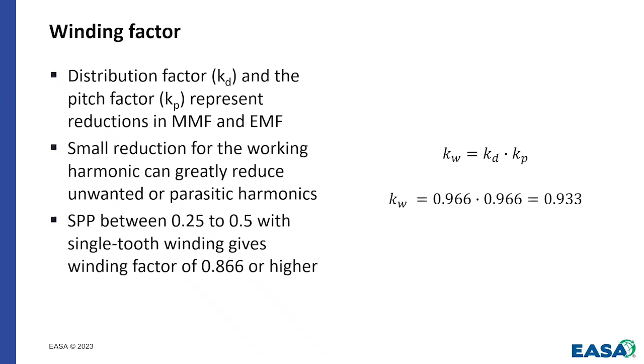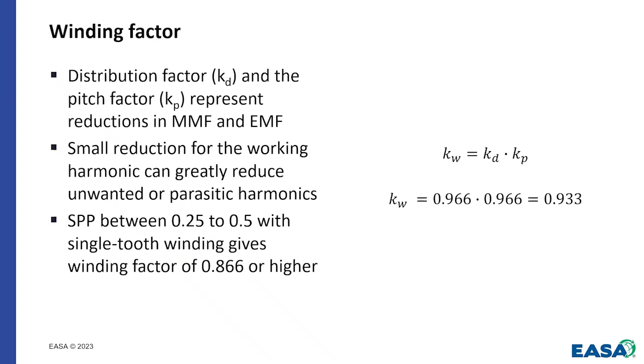We want, ideally, the fifth to be very strong and the rest of them to be very low. That would be ideal. But when designers go through and look at an entire machine, they'll look at those space harmonics across a number of poles to make sure that they're not going to have problems during operation with like cogging torques or pulsations and things like that. But here we've got a good strong winding factor, so that would be a feasible design.